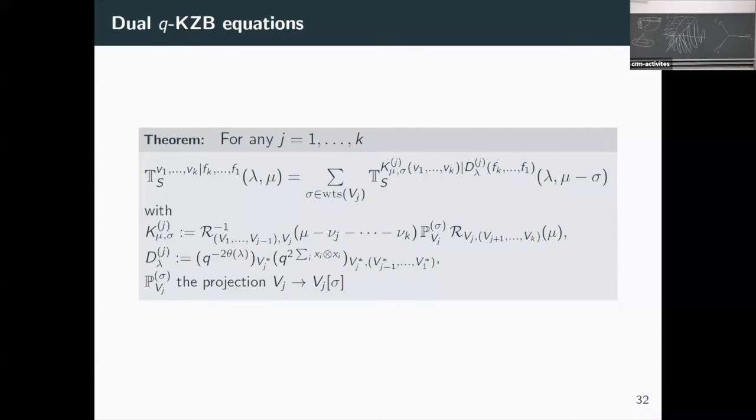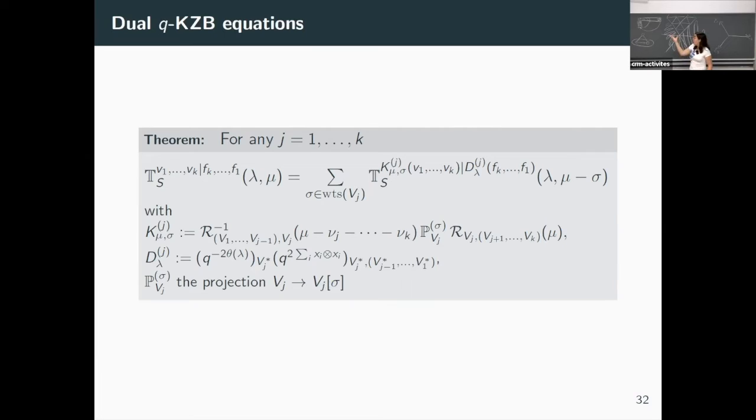These act on our expectation values vi. And on the dual vectors, we have this D operator, which is simply a Cartan term. So these operators give rise to a commutative system of q-difference operators.